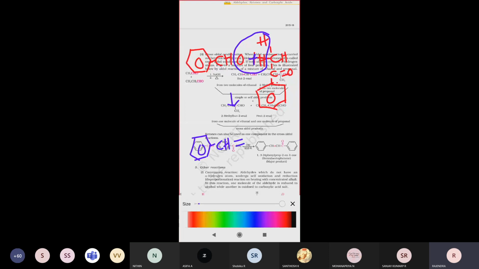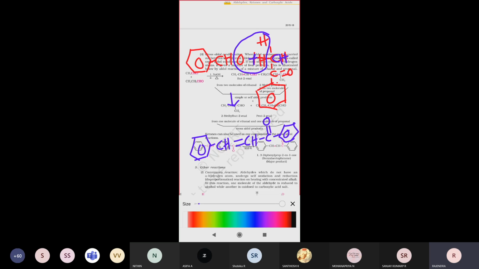Next there will be CH, then C double bond O, and the next benzene ring will be present. This is called 1,3-diphenylprop-2-en-1-one. Simply, we call it benzalacetophenone, the final product that forms.